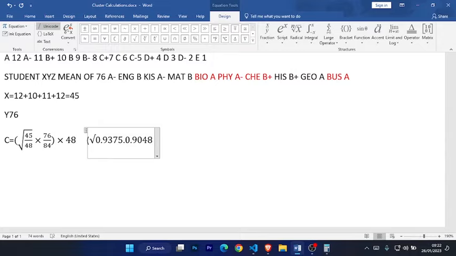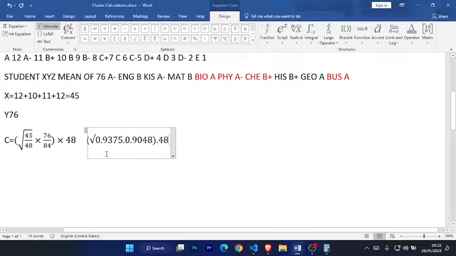Then when we get the square root of this multiplied, we multiply them. So let's find the square root of these multiplied, and get 0.9375.